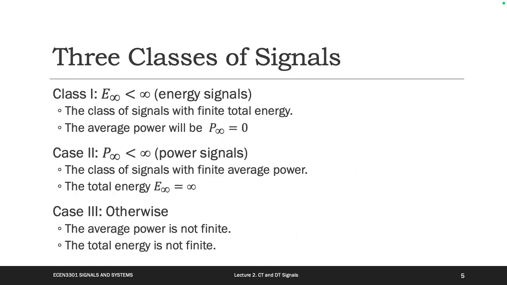Those signals have some features: the average power should equal 0, and the total energy should be smaller than infinity, which means it will have a specific value and will not go to infinity. And class 2 has infinite total energy but finite nonzero average power, so we call it power signals.